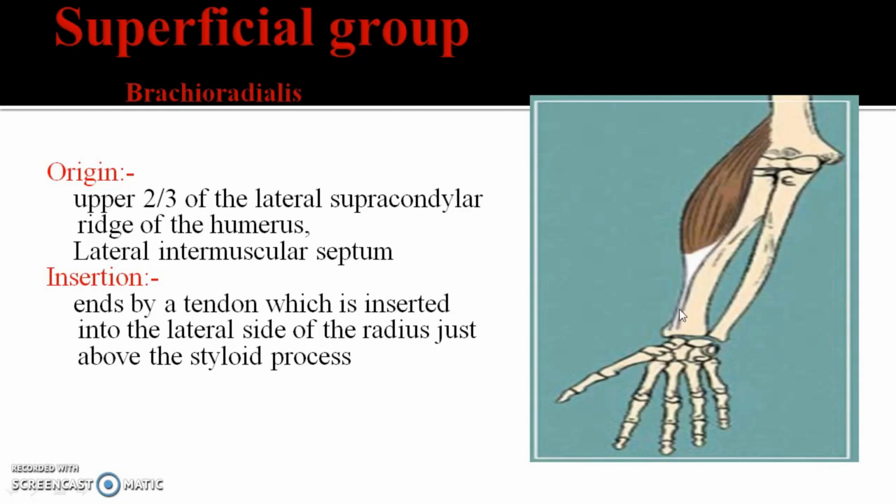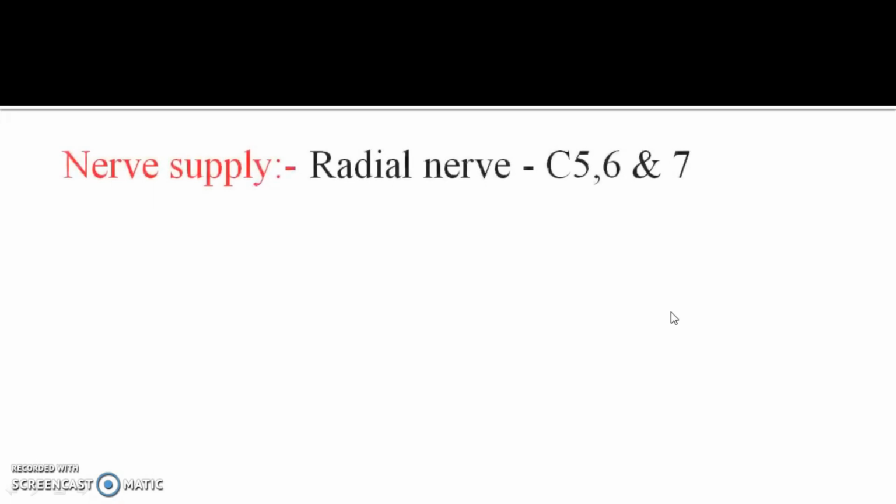This is the insertion of the tendon of brachioradialis, in the radius above the styloid process. Now talking about its nerve supply, this muscle is supplied by the radial nerve. Almost all posterior compartment muscles are supplied by the radial nerve. Here also the major trunk of the radial nerve supplies brachioradialis.